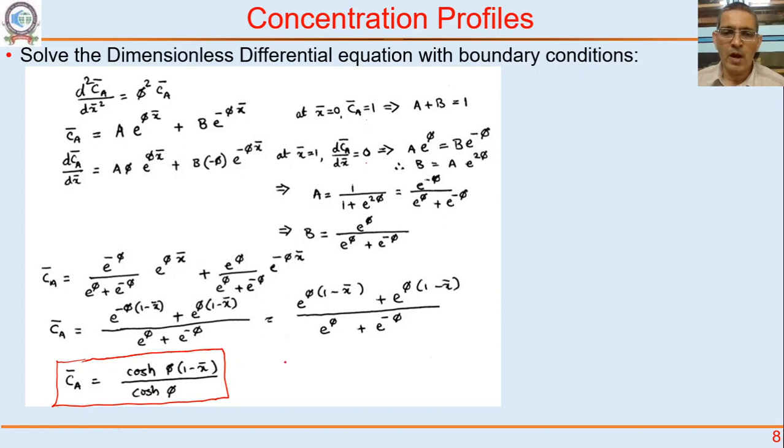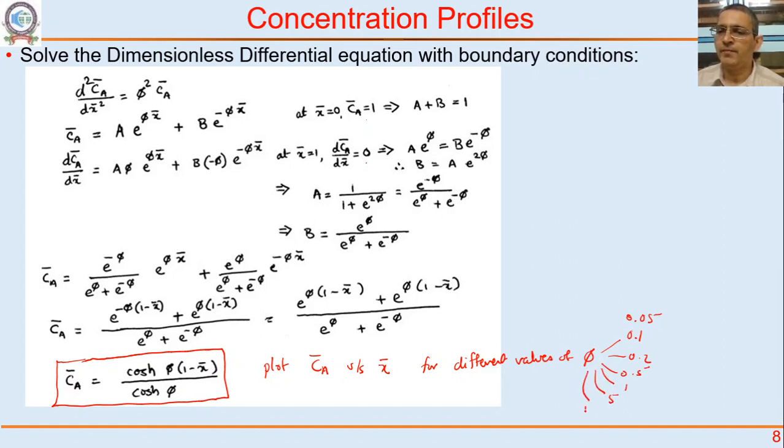I want you to plot Ca bar versus x bar for different values of phi. You can take phi less than 1, say 0.1, 0.05, something like that, 0.2, 0.5, 1, 5, 10.